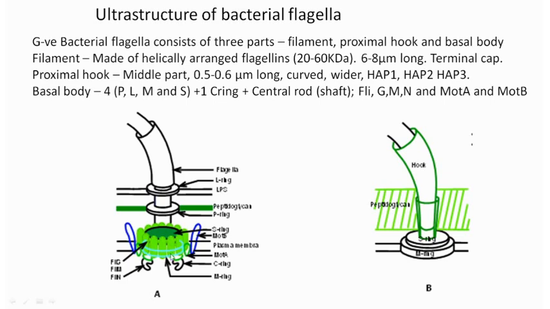And there are many proteins associated with this SM ring. The particular protein which surrounds this SM ring is called FlaG, and that is flanked by two different proteins which are motor proteins, MotA and MotB.